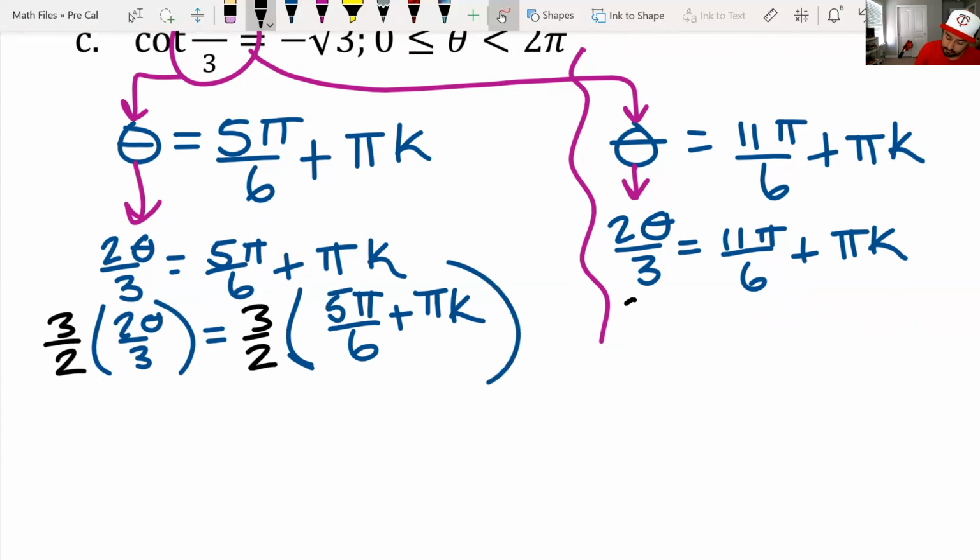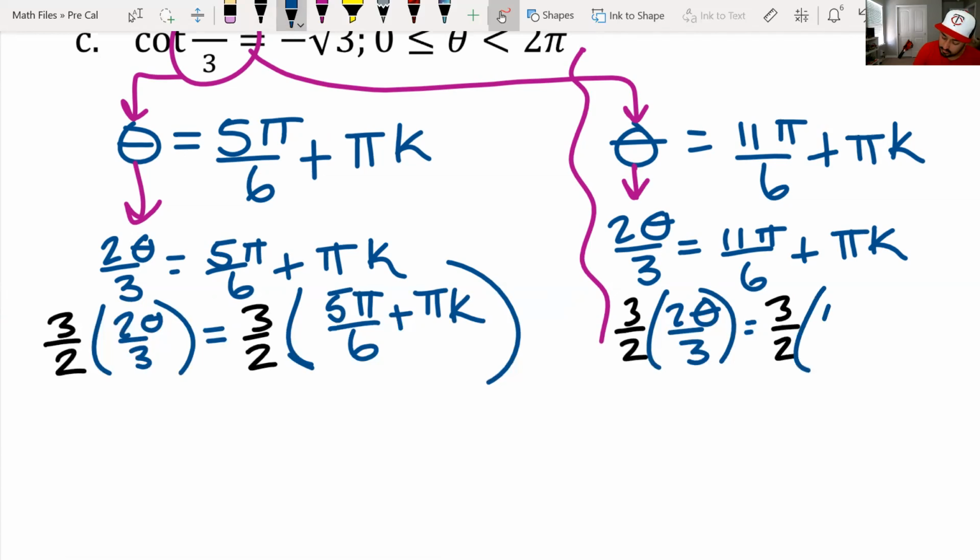Same thing over here. 3/2 times 2 theta over 3 equal to 3/2 times 11 pi over 6 plus pi k.